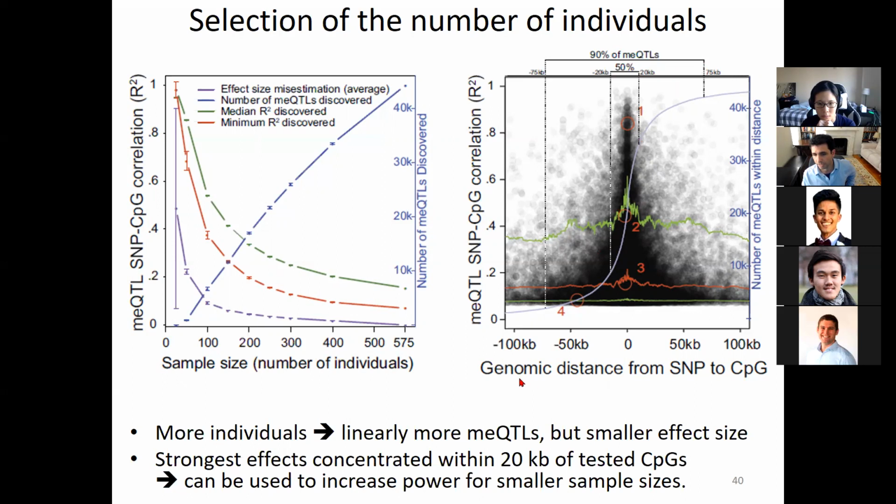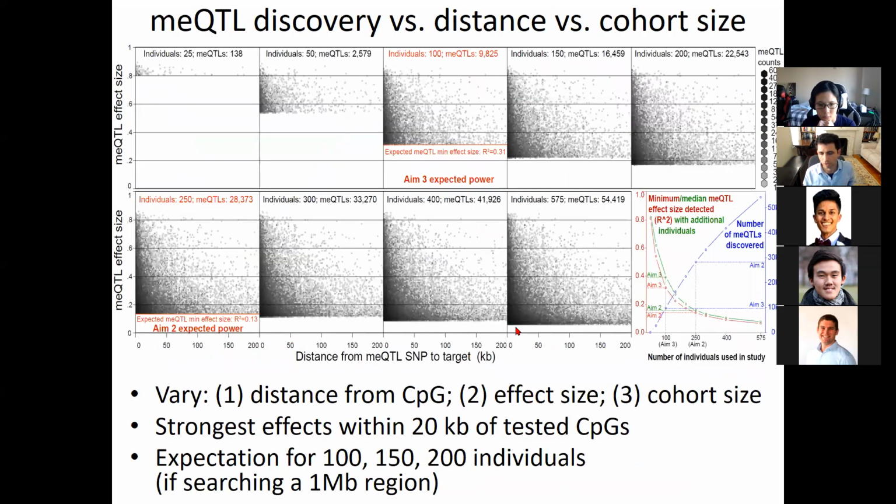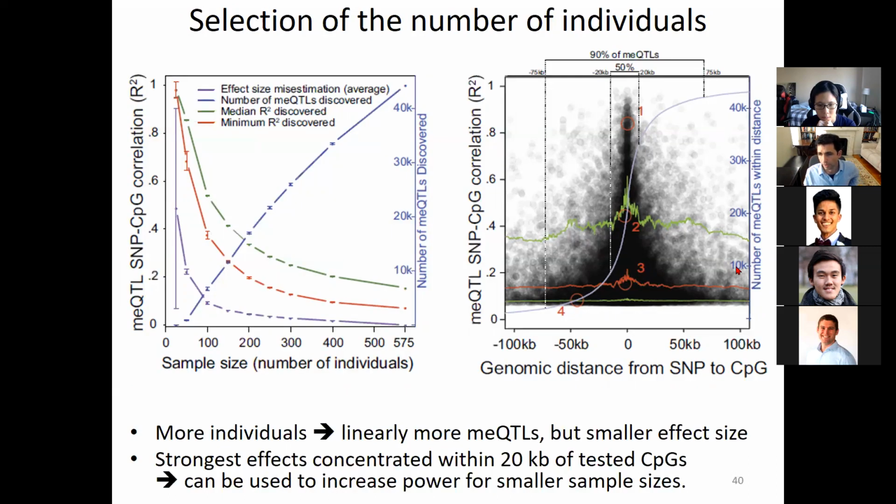So that basically means that even though we searched a 1 megabase interval, a very, very large interval, they're actually very highly concentrated close to the middle. So that's important because it can reduce your multiple hypothesis burden if you focus on a much narrower region.